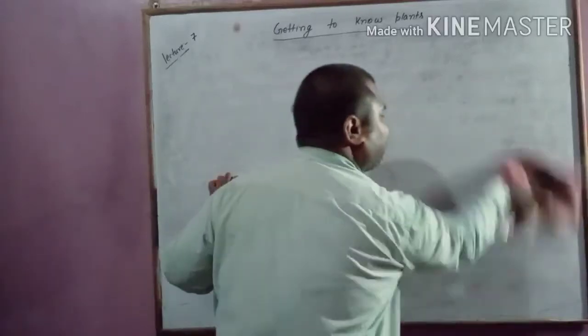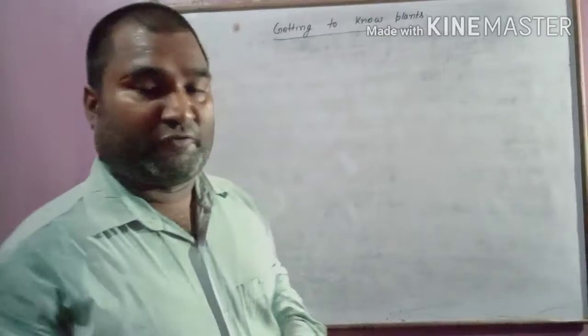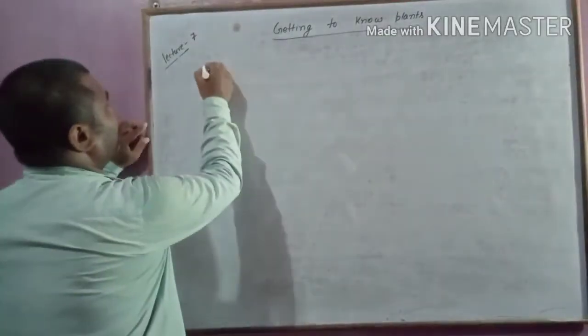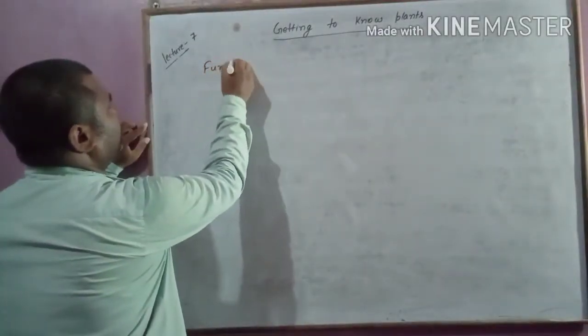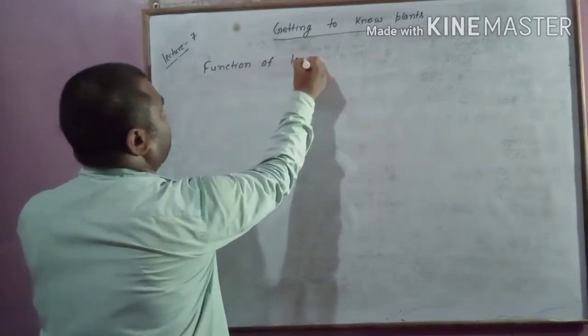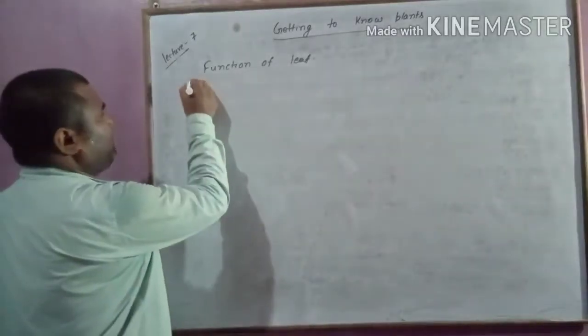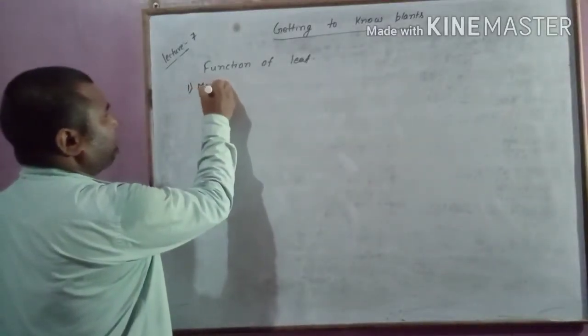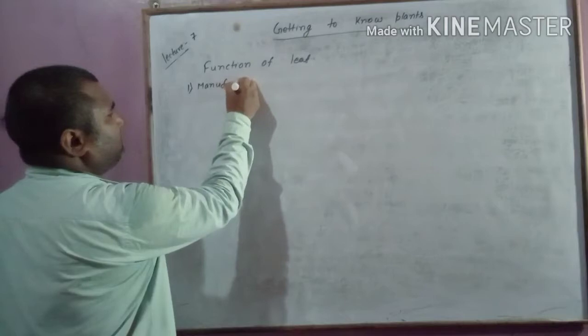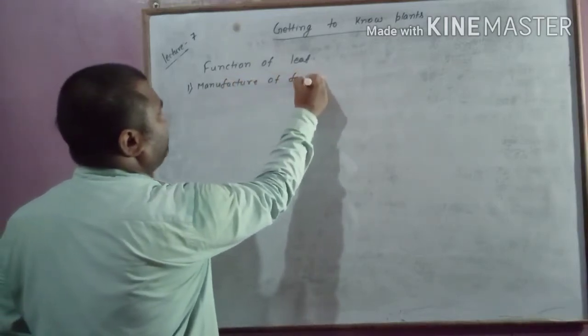Okay, next thing which we have seen in last video is the function of leaf. What is the function of leaf? First, manufacturing of food.